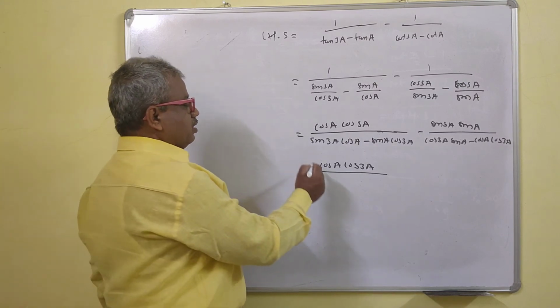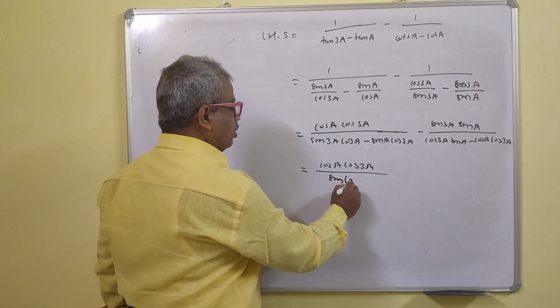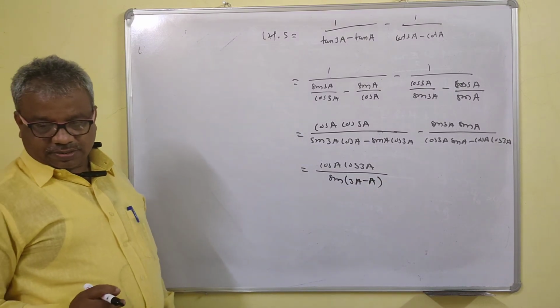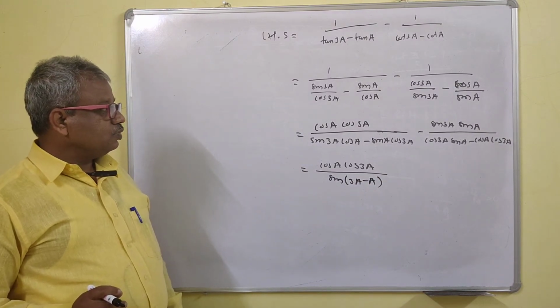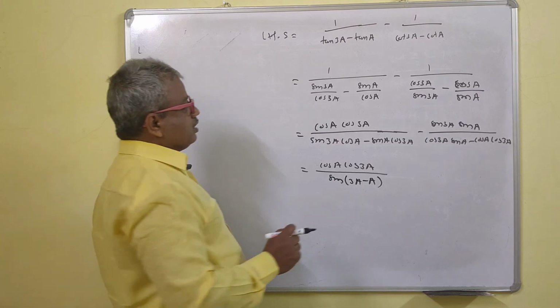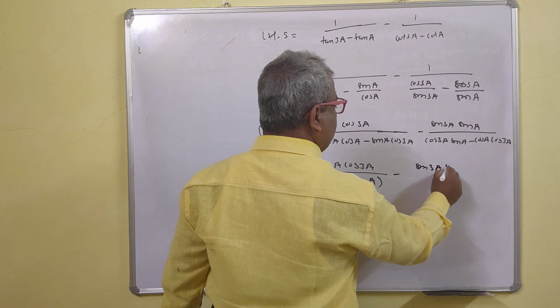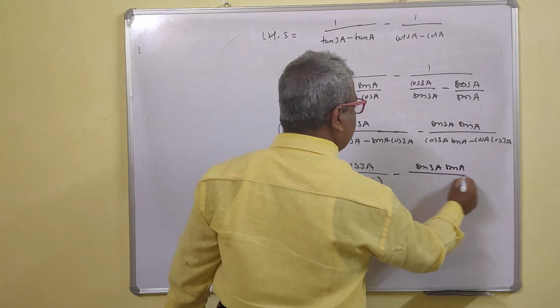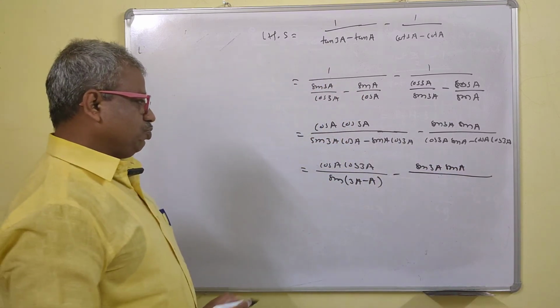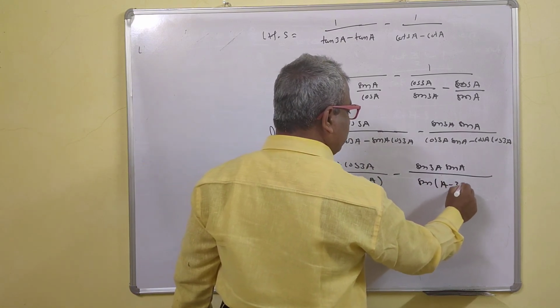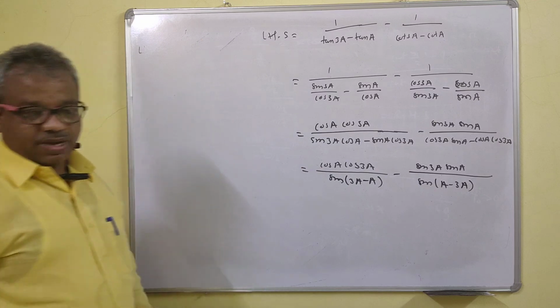So this will be sin(3A − A), minus sin 3A sin A upon sin of (A − 3A). Note that here it is A minus 3A.